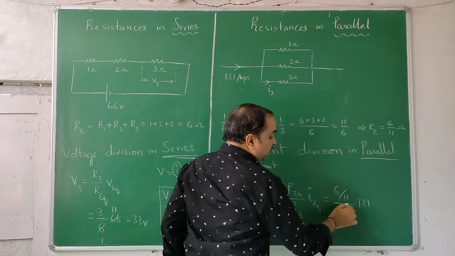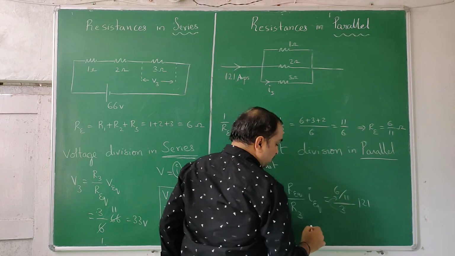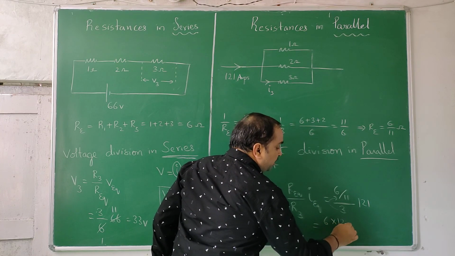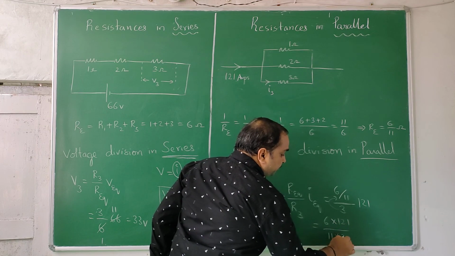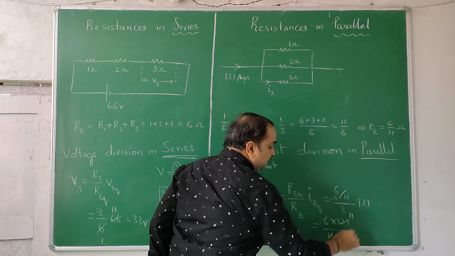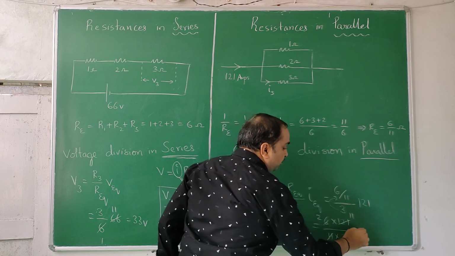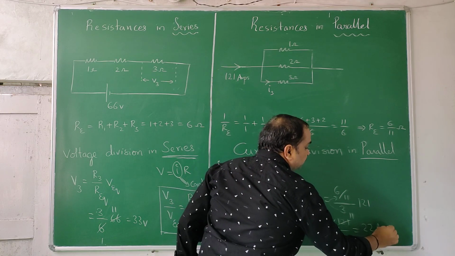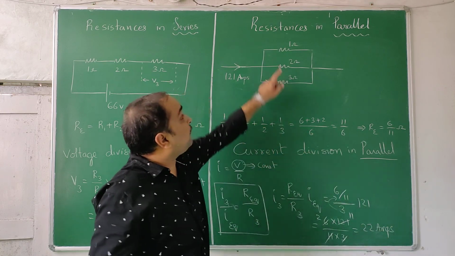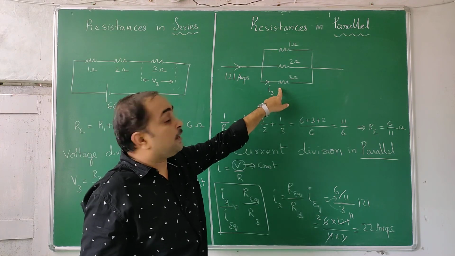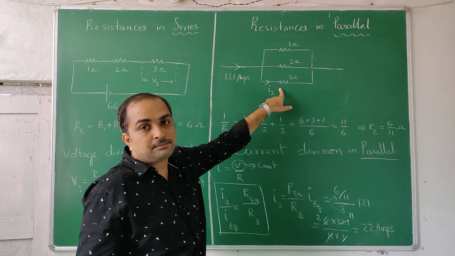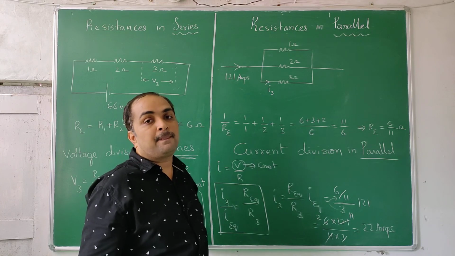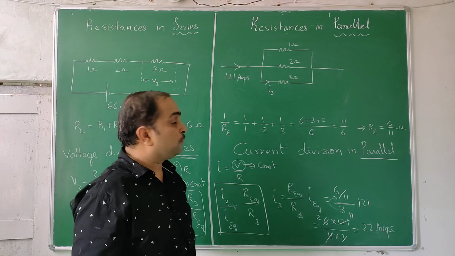So there is a main fraction here, so it goes here: 6 into 121 by 11 into 3. 11 1s are 11, 11 3s are 3, 1 3s are 3, 2 2s are 2, into 11, 22 amps. So directly I can find, without finding current in this, directly I can find current in this. In this way we can do the calculation.